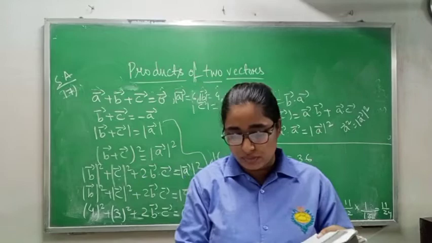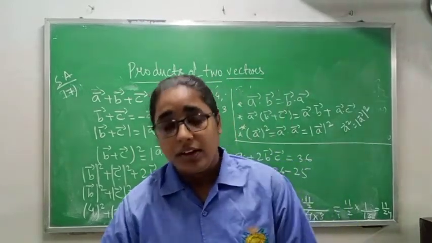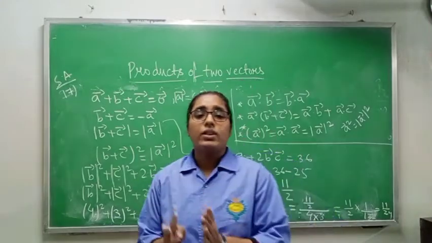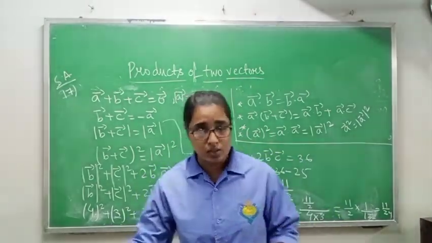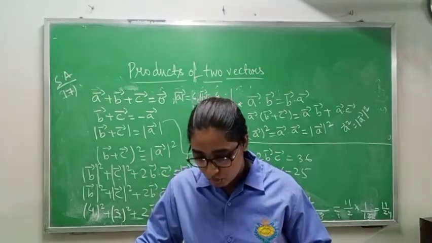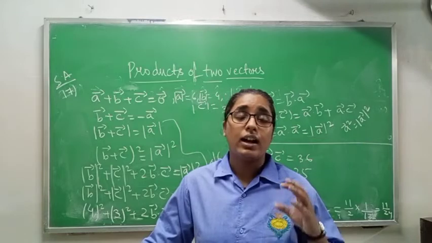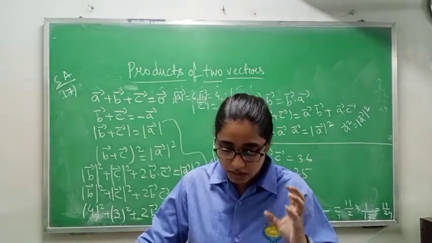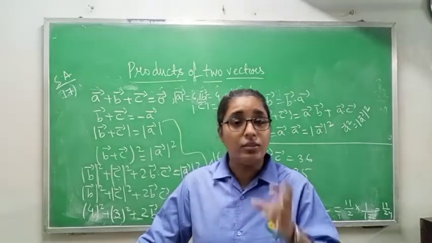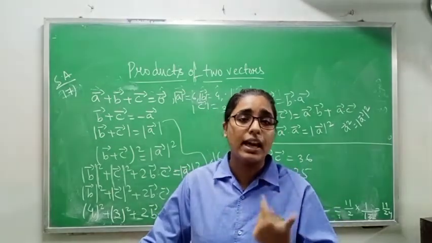Find the cosine of the angle between the vector b and c. They are asking to find the cosine, cosine means cos theta, of the angle theta between b and c, not a, between b and c.